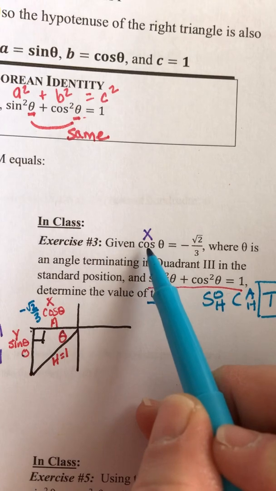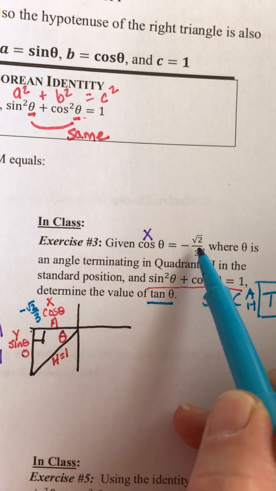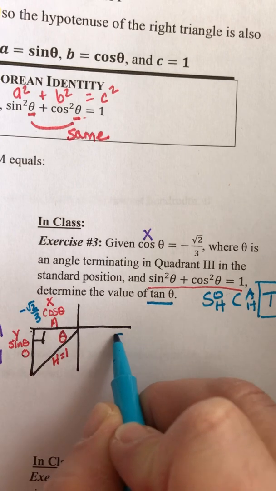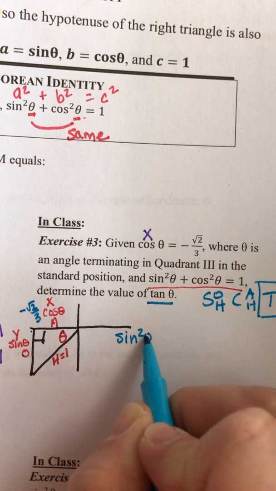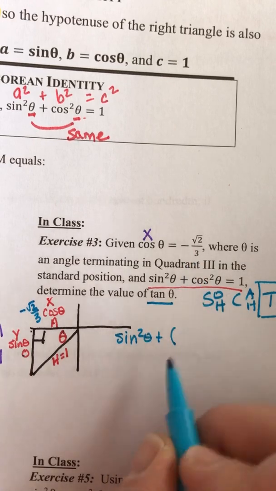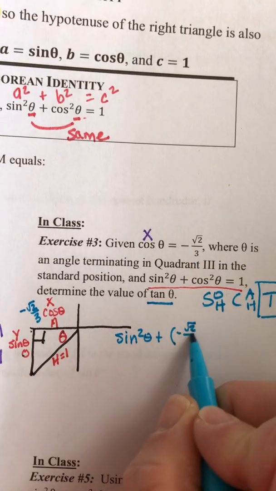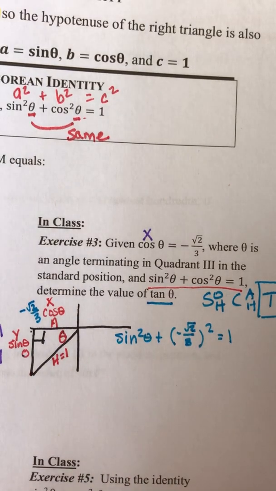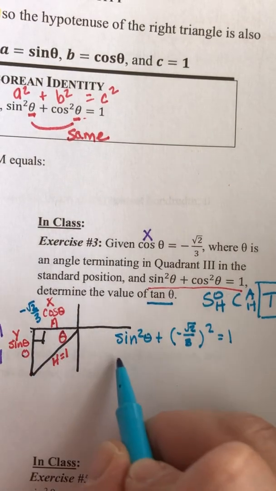I'm going to substitute my cosine value of negative rad 2 over 3 in for cosine here. So this becomes sine squared of theta plus, that is I'm going to substitute for cosine, negative rad 2 over 3 all squared equals 1. Do the math.